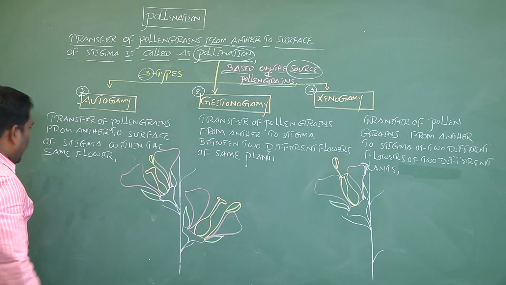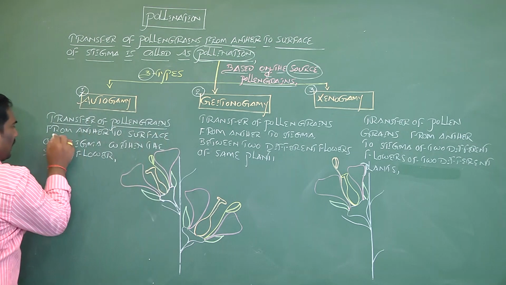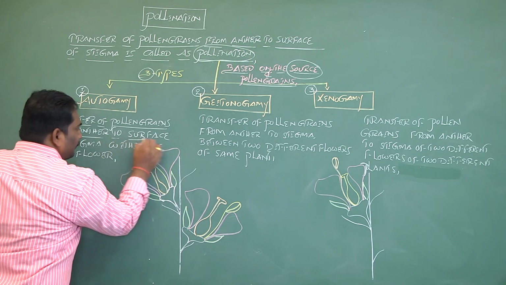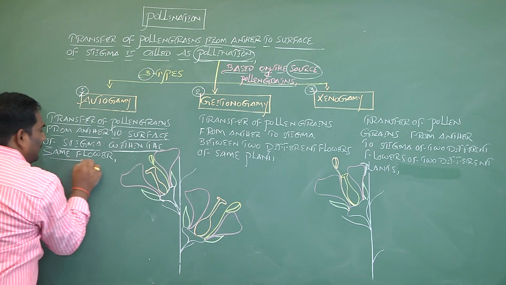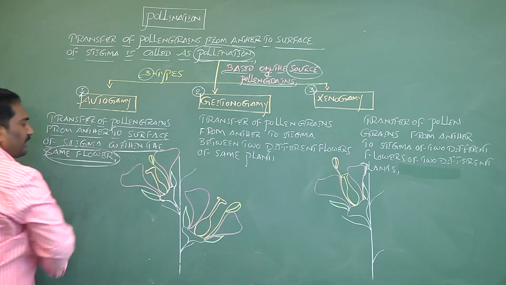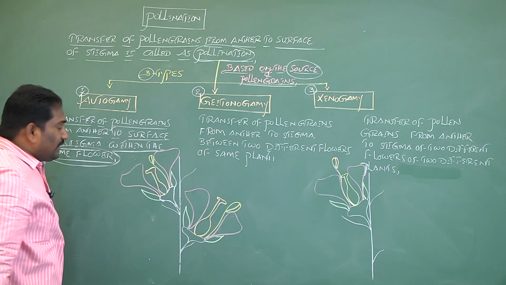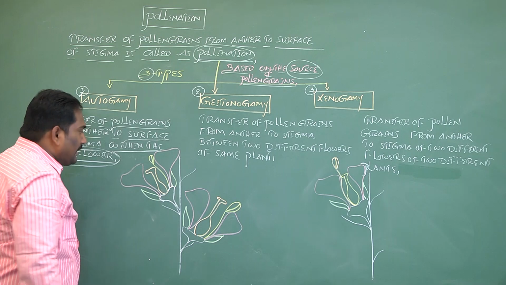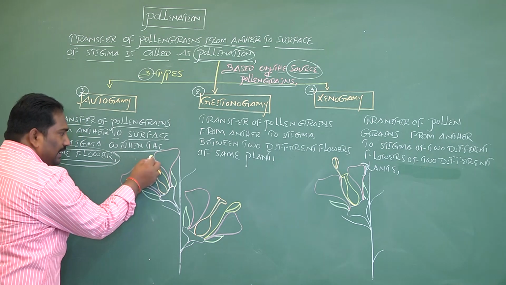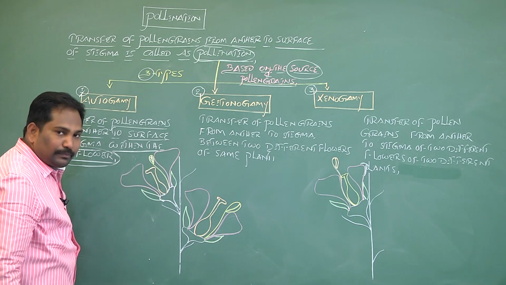Autogamy means transfer of pollen grains from anther to surface of stigma within the same flower. For example, this is a bisexual flower. Bisexual flowers have stamens and pistils. The stamens have anthers. Inside the anther, many pollen grains are produced.